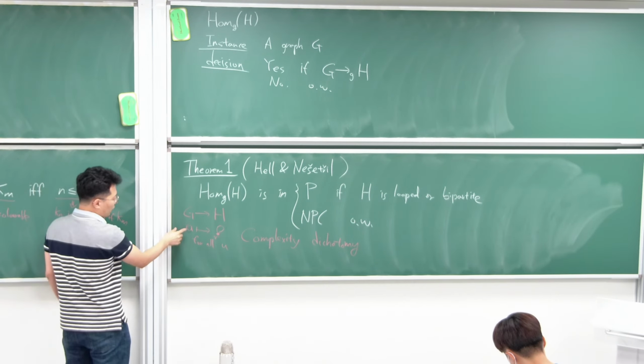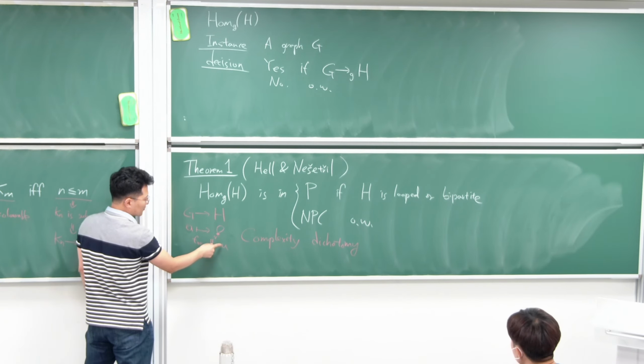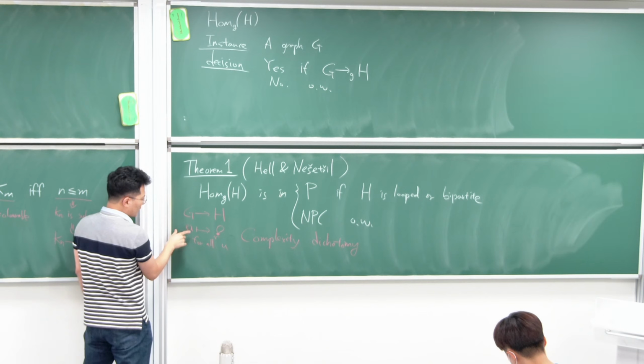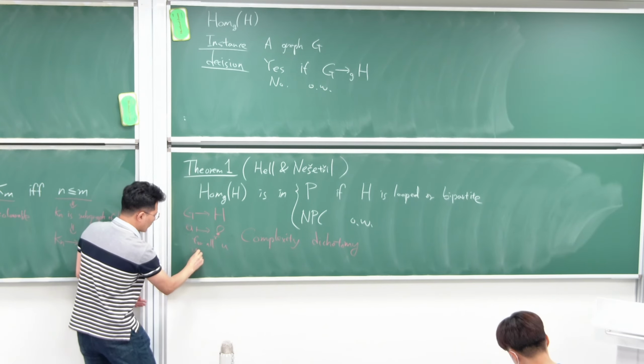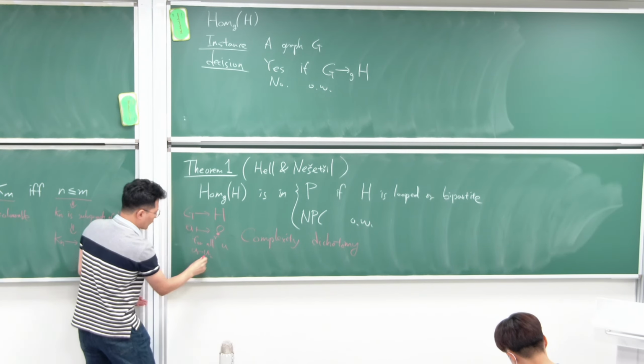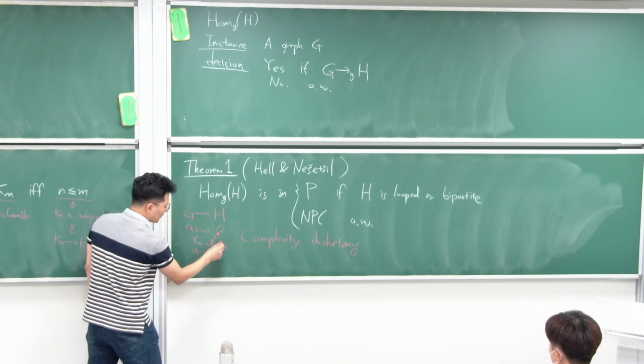Then for every edge u1u2, they are adjacent, and they are sent to the same vertex v.